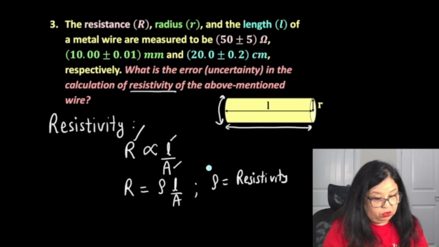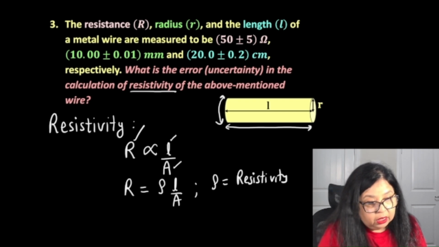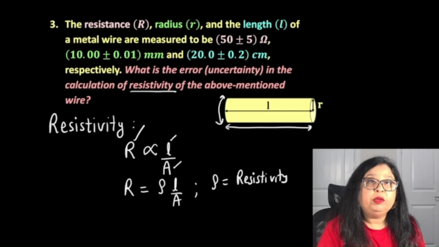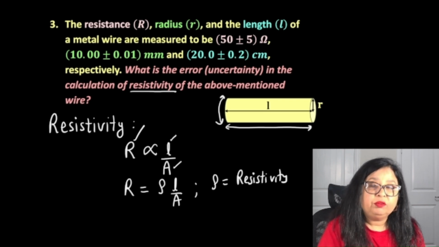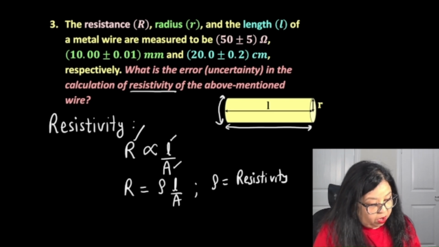So when you're giving the properties of a material, one of the electrical properties that is mentioned is the resistivity. In this problem, we are to find the error in the calculation of resistivity of the above mentioned wire.